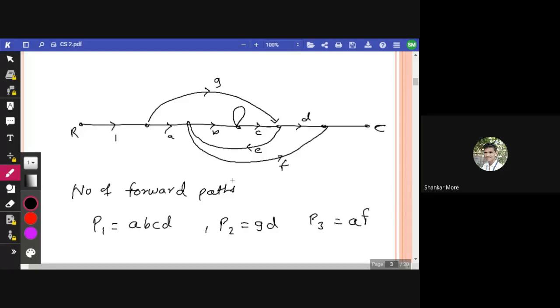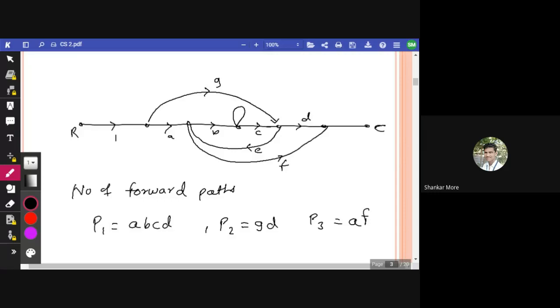Then is there any other forward path, guys? AF is there. AF is done. All right. Is there any? No. Look hard. That's where we may commit mistake.